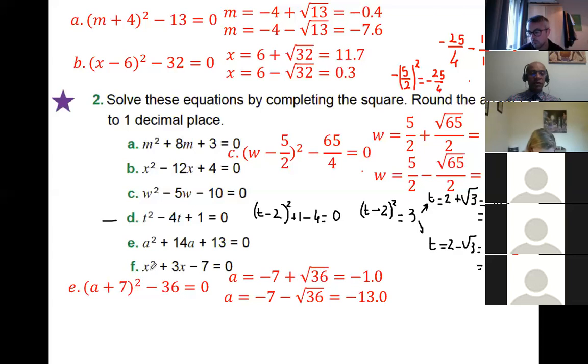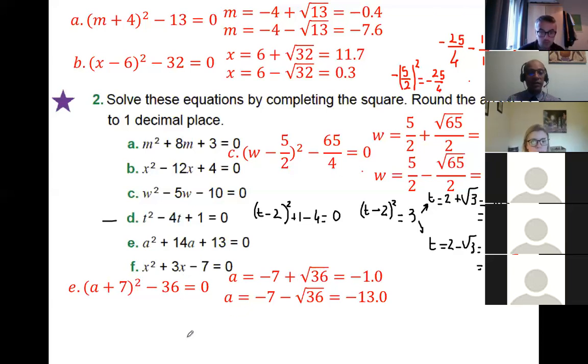And the last in that list was x squared plus 3x. So again, you're going to have to use fractions. So x plus 3 over 2 squared. So that's 1 mark. 1 mark for that. Yep.